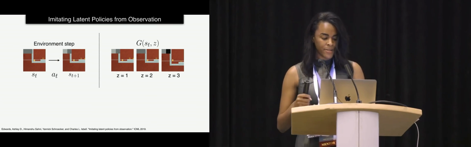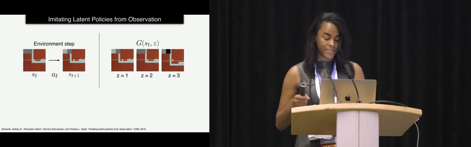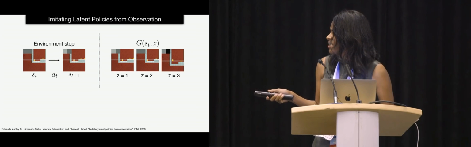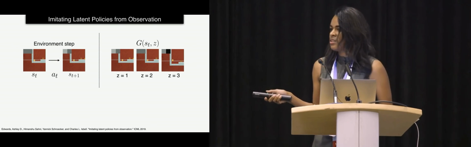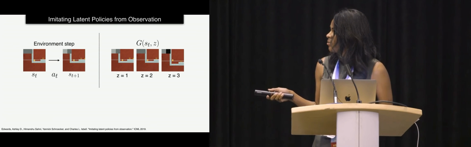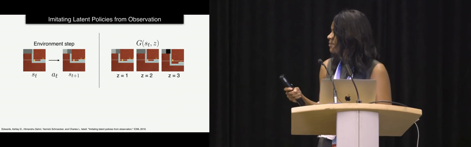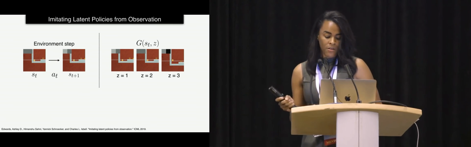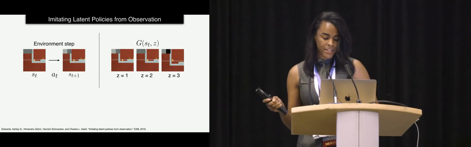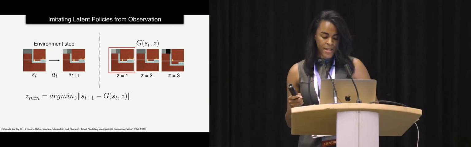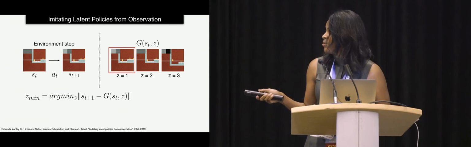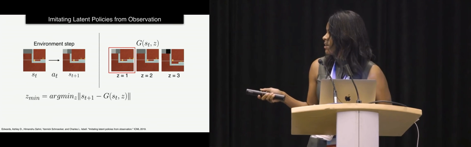Okay, so now we assume that we've interacted with the environment. So let's say I'm in a state, I take an action, and I end up in the next state. So now what I'm going to try to do is correspond these real actions that I've taken in the world to my latent actions. Remember, again, I'm actually interacting with my environment now. So now what I can do is, given a state, if I make a prediction, find which of my predicted next states looks the most like the state that I actually observed in my transition.